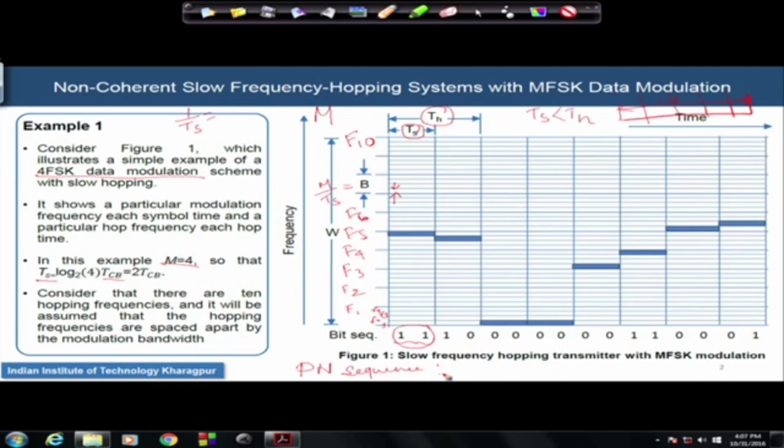My PN sequence has been generated in such a way that it selected F5 first, so the sequence was 1 0 1, then F1, which should be 0 0 1, then it goes to F4, so it will be 1 0 0, and then again it goes to F6, so it is 1 1 0. There is a frequency synthesizer continuously generating the sequence, and based on that generated sequence the transmitted tone gets hopped over.